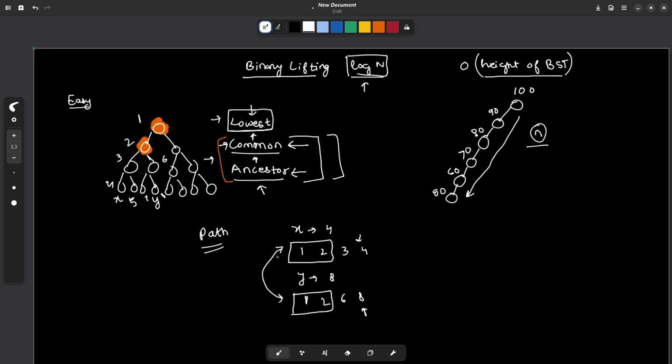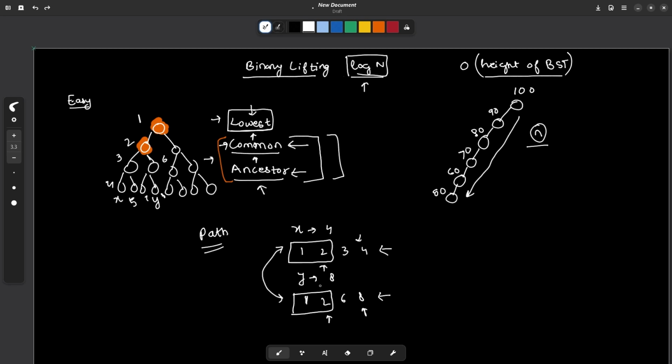I want to find the lowest one among them. Lowest one means the node which is farthest away from the root node, or which has the highest depth among them. That is the last node in this list of common ancestors, right? So this is all you had to do in this problem. The only task that we are remaining with now is how to find the exact path from root to that particular node.